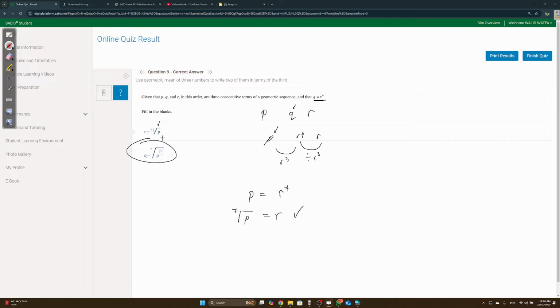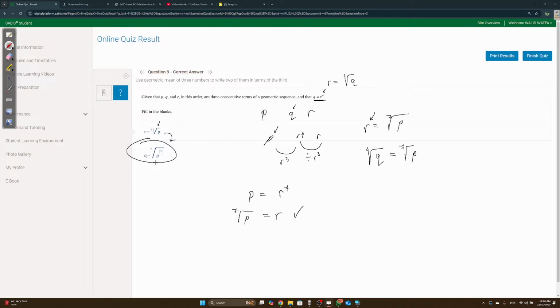Second one. I can use the first one to get to the second one. Okay, I know r is equal to the 7th root of p. What is r equal to? r is equal to the 4th root of q from the given, right? If you do the 4th root on both sides. So over here, I'm going to write 4th root of q is equal to 7th root of p.